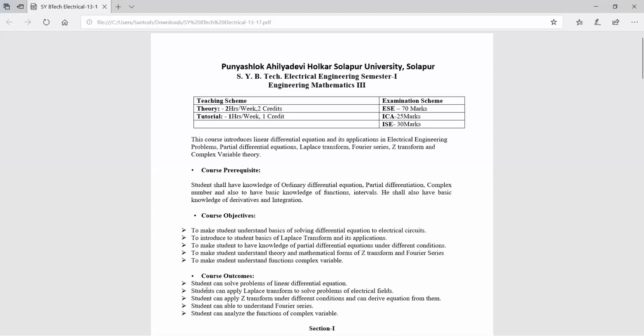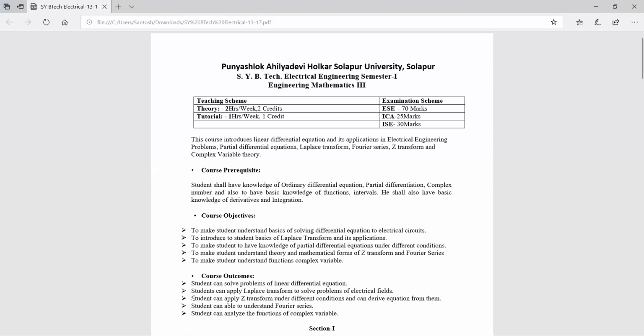Now see which are the outcomes of this course. First outcome is that a student can easily solve problems of linear differential equations which are related to electrical engineering. A student can apply Laplace transform to solve problems of electrical fields.